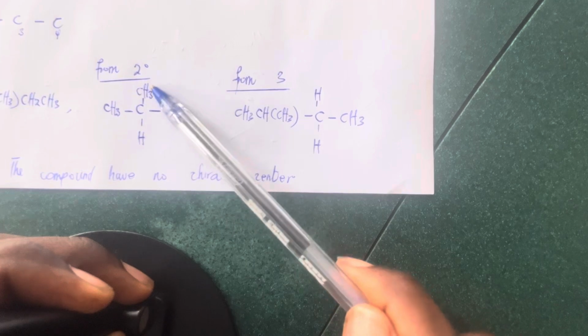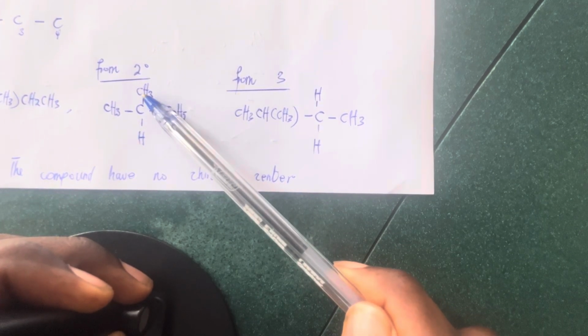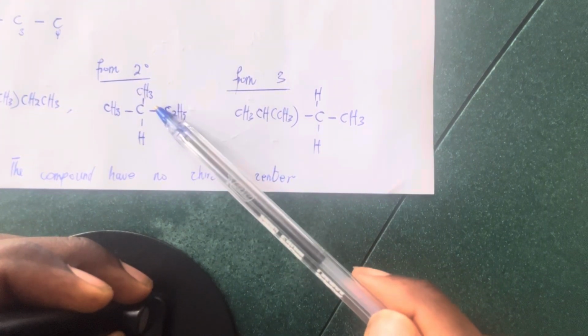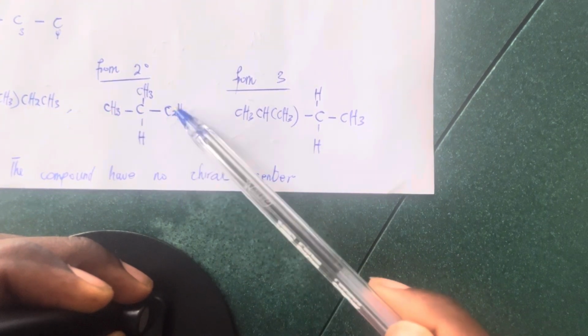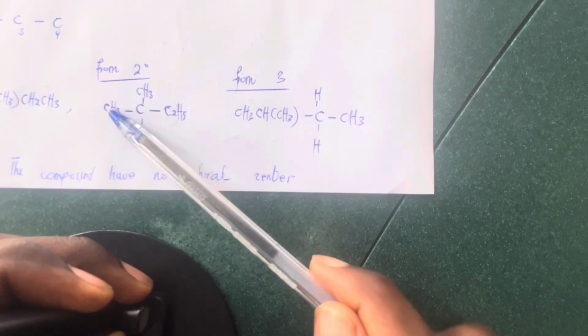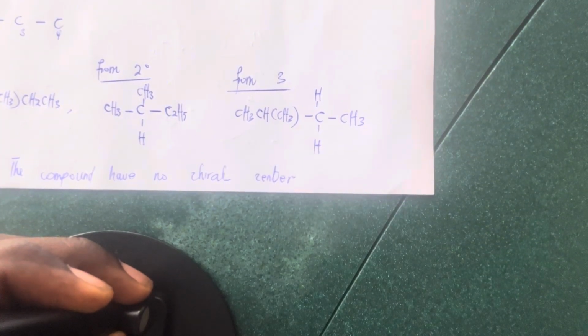So assuming there is a Cl atom here, or a halogen, or any other group different from this, it is a chiral center, because a methyl group is different from an ethyl group. So they are 2 different things. Don't assume that because there's a carbon here and a carbon here, it is not a chiral center. Okay, so now let's go to the third carbon.